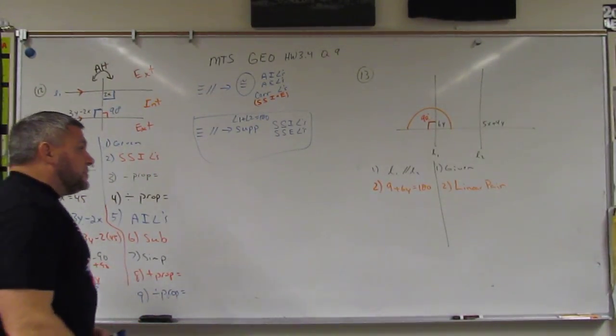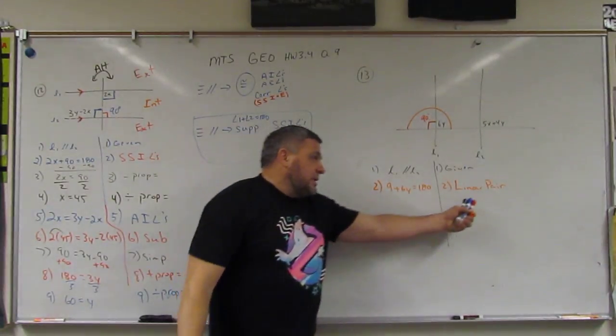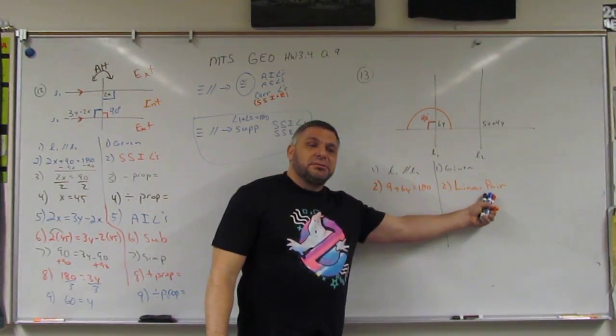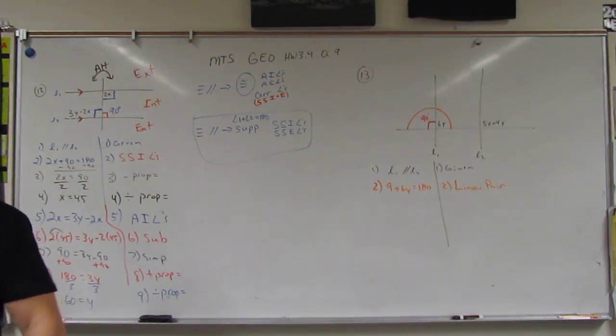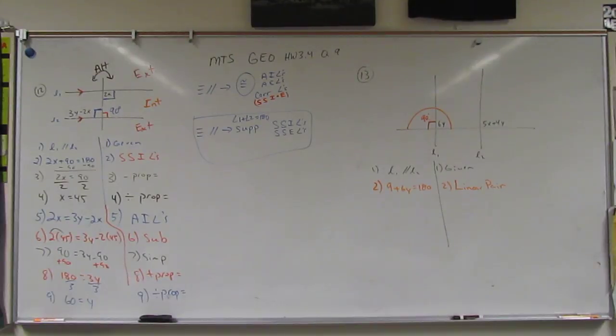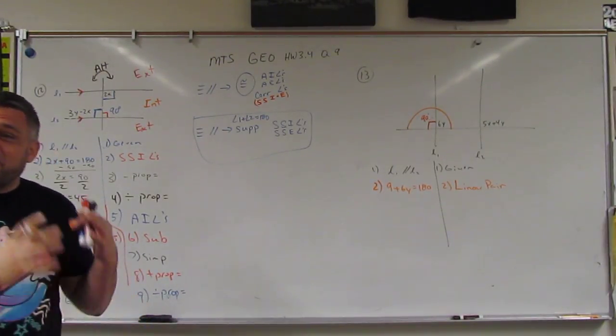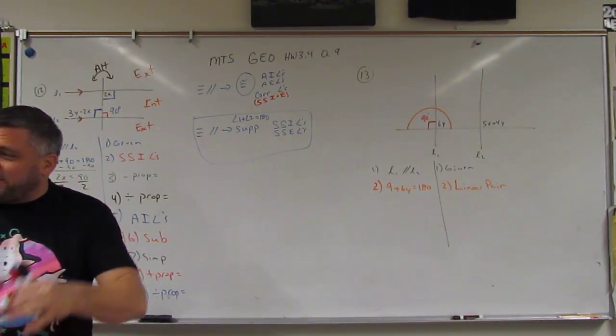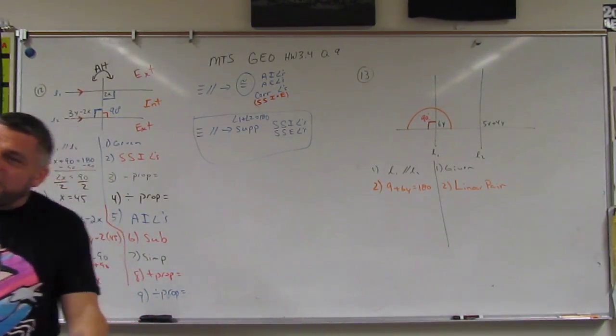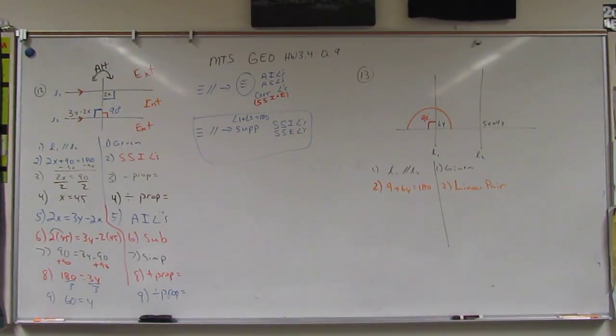So, it's going to be hard to remember these. So, we got to write them down in every single cheat sheet. What sucks is you actually need to write down the stuff, the vertical angles, all that stuff from the first cheat sheet. If you're having trouble remembering it, you're going to have to put it on this cheat sheet for this test, because you might need to use it.